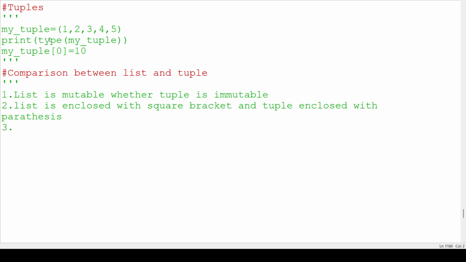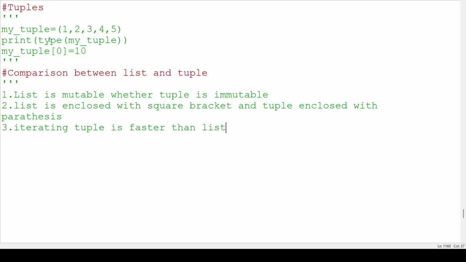And the third one is that iterating a tuple is faster than a list.